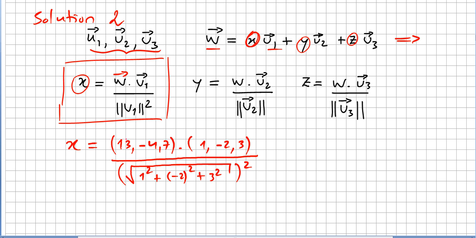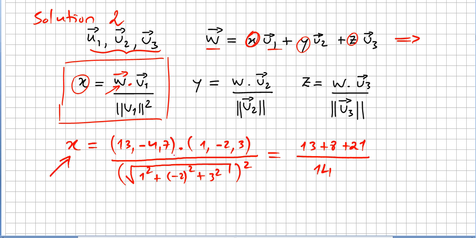In our case, w was (13, -4, 7), inner product with u1, which is (1, -2, 3), dividing by the absolute value of u1, so that will be 1 squared plus minus 2 squared plus 3 squared. But the absolute value here is squared. If we do this calculation, we will get the value of x, and this is much quicker than solving an entire system.